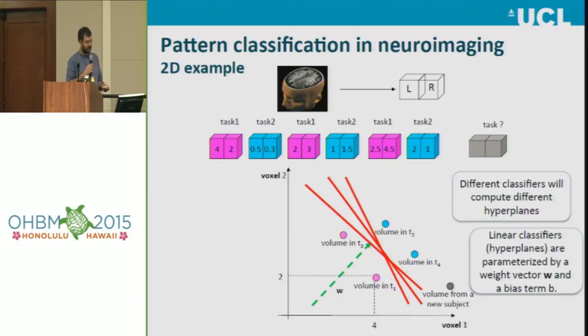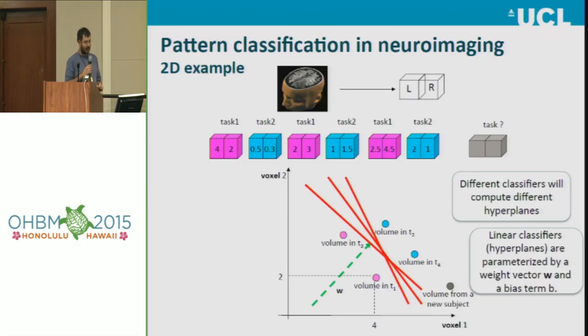Now, as you work down the slide, what we've done is we've recorded for 2 different tasks the values in the brain for these 2 voxels. That's given by the pink versus the blue there. And then we're presented with a new brain volume where we have, once again, the signals for those 2 voxels, and we want to know, well, what is the task that this person was doing at that point in time?